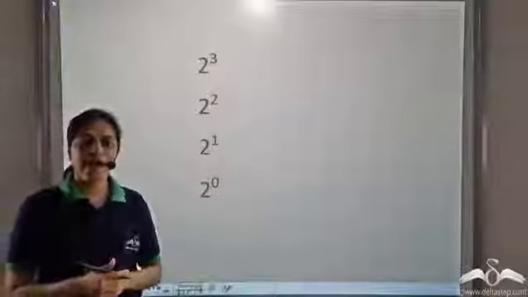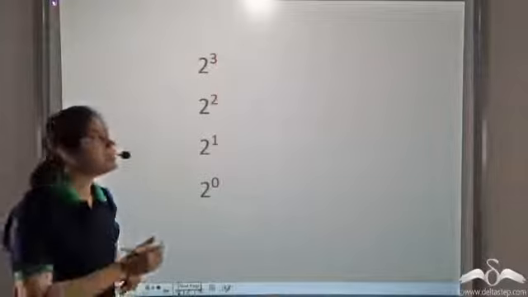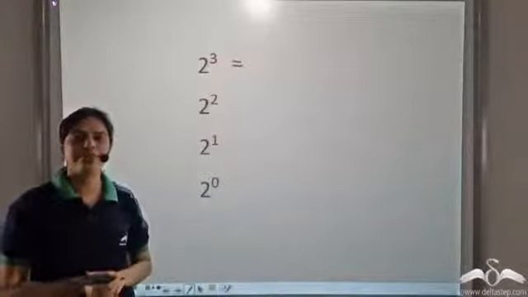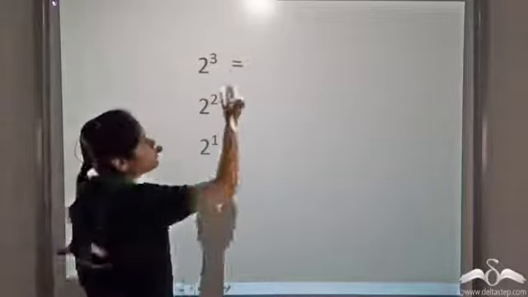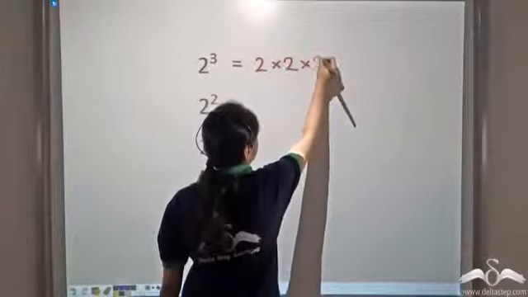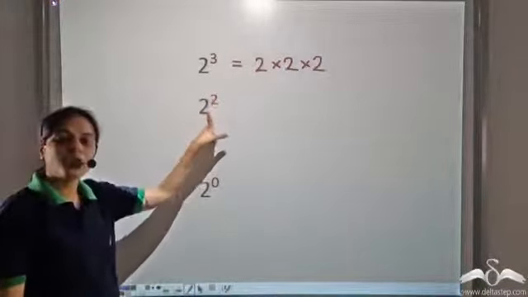Now observe what we have here. This is 2 raised to the power 3. This means that 2 is multiplied with itself 3 times. So this is 2 into 2 into 2. This is 2 raised to the power 2.